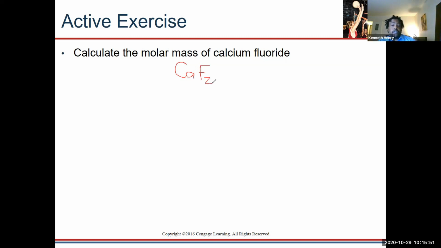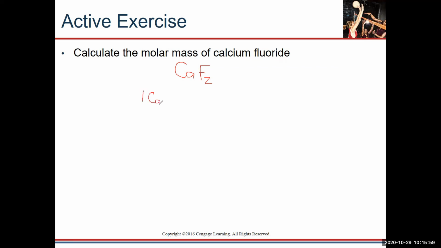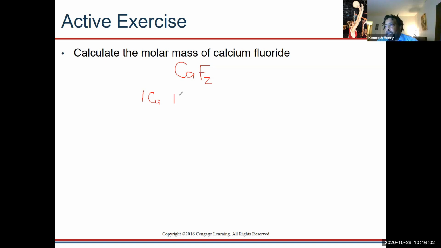Okay, so if we wanted to calculate the formula mass, the molar mass, what is it going to be? How many calciums do I have? 1. Okay, so it's 1 times, what is the atomic mass of calcium? 40. So it's also going to be 40 grams per mole.